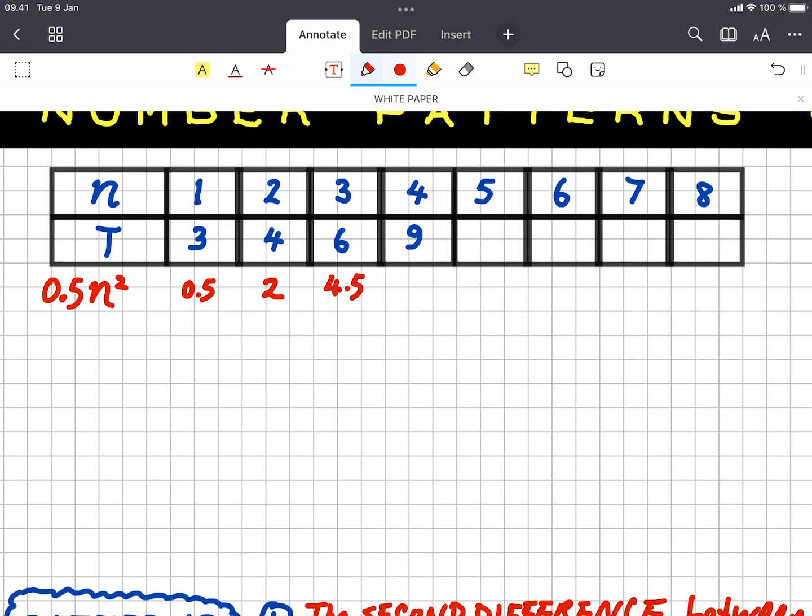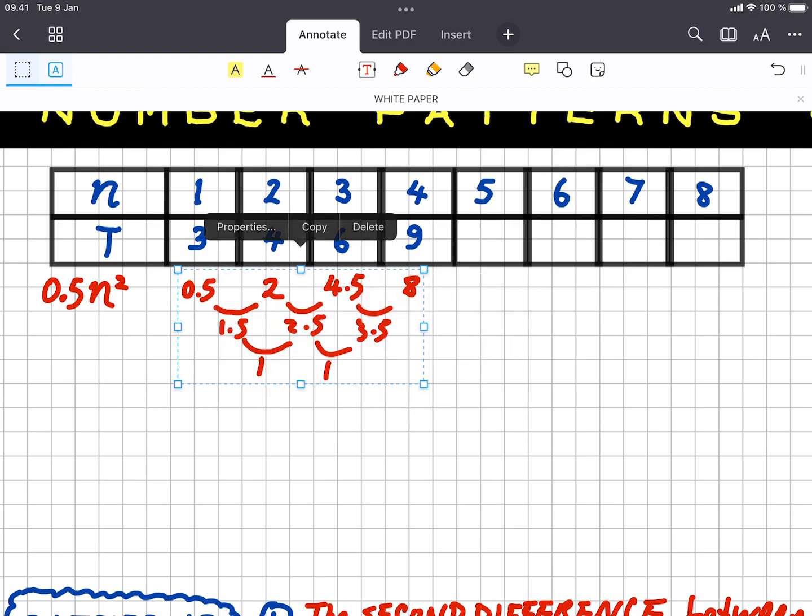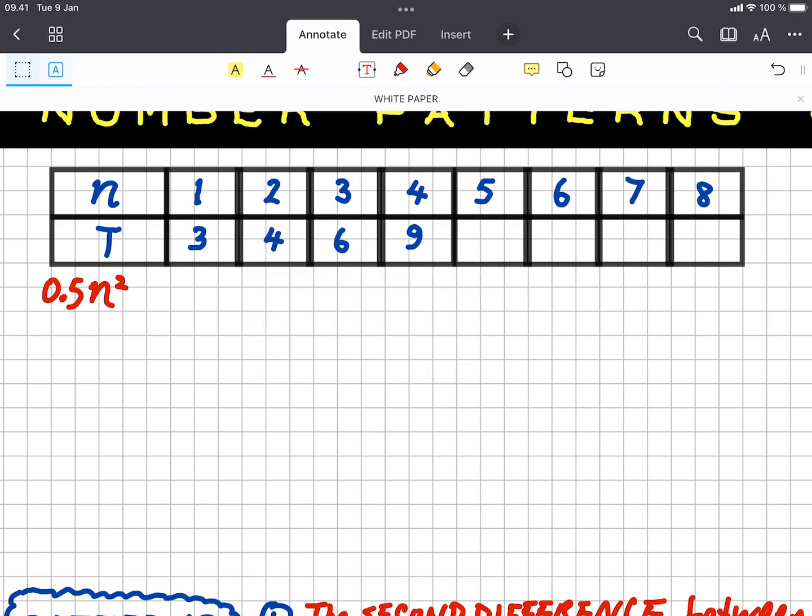A half of 4 squared, half of 16, which is 8. And so on. And then I would get the differences between terms as being 1.5, 2.5, 3.5, and the second differences are 1 every time. So that means we're fairly sure that our rule involves 0.5 n squared.